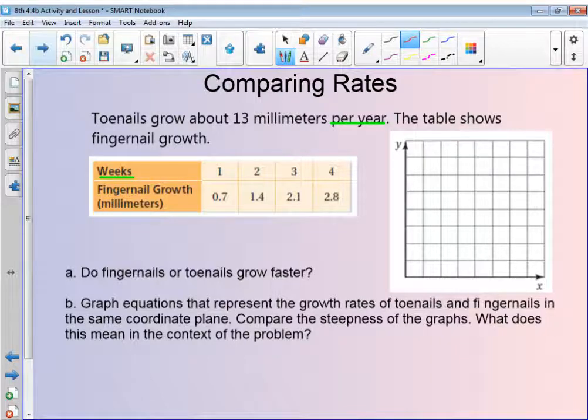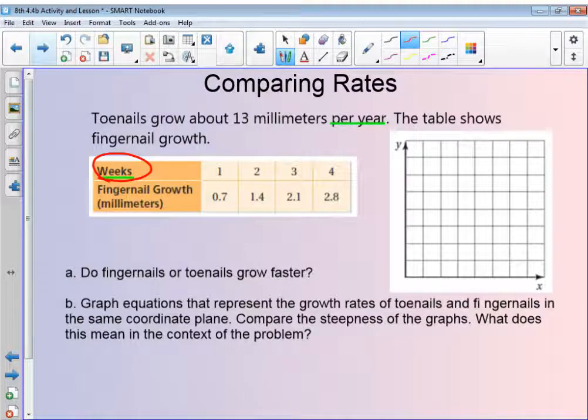And this one, our fingernail growth, is per week, okay? So we need to be graphing the same information, either per week or per year. Because the fingernail growth was done per week, let's go ahead and set up our toenail growth also per week. Toenails just gross me out, so.